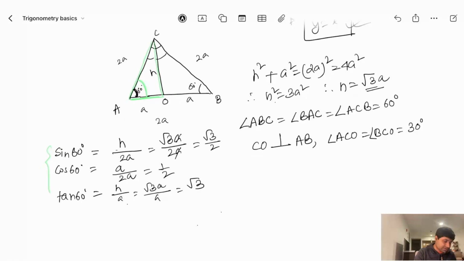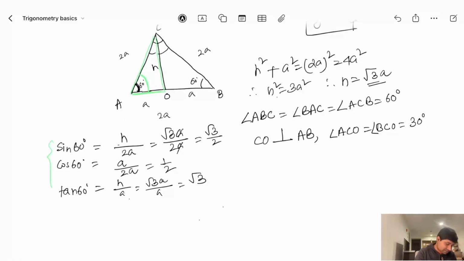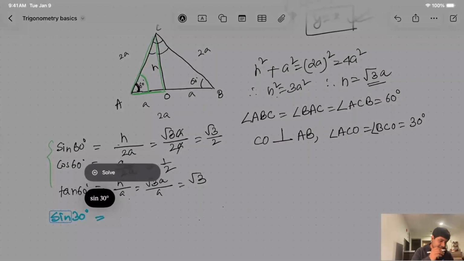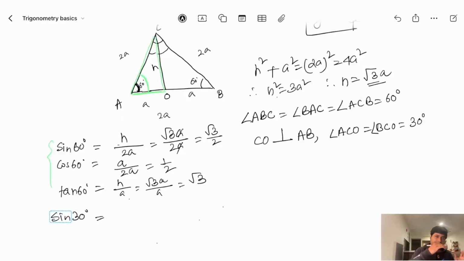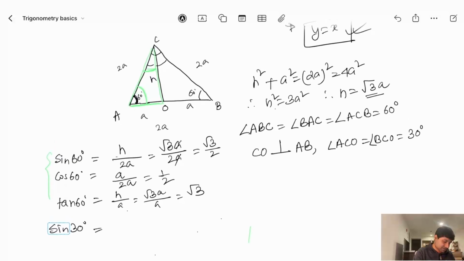Now a similar thing we can get for 30 degrees as well, right? So what is the value of sine 30? Now when it comes to the 30 degree, we can tilt the same picture in a different way. So the 30 degree is exactly this one. Now when it comes to this same picture with the other angles, then AO becomes your height and OC becomes your base actually, right?